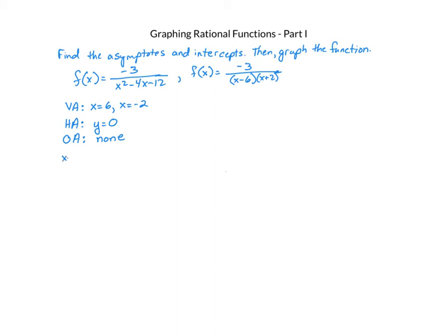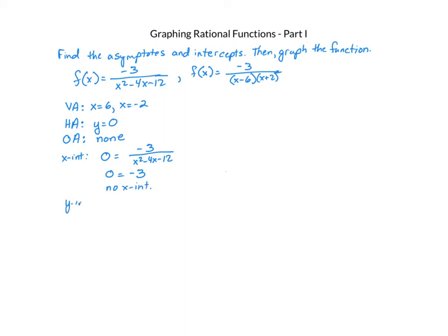Let's move on to x-intercepts. To find those, we set y equal to 0 and solve. And we can use either version of that function. I'm going to multiply both sides by x squared minus 4x minus 12, and I get 0 equals negative 3, and that equation has no solution, so there are no x-intercepts.